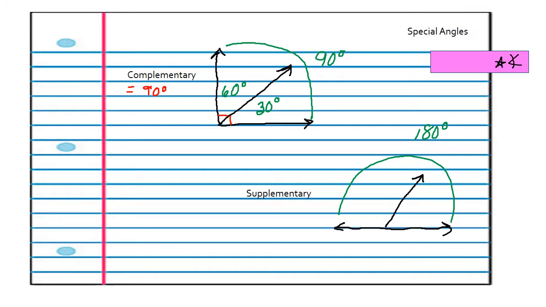So let's say the first angle equals 75 degrees, then the other angle is going to equal 180 degrees minus the 75 degrees, which, using your mental math, would be 105 degrees.